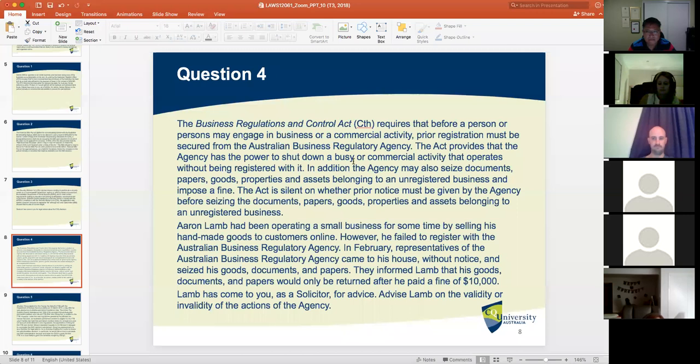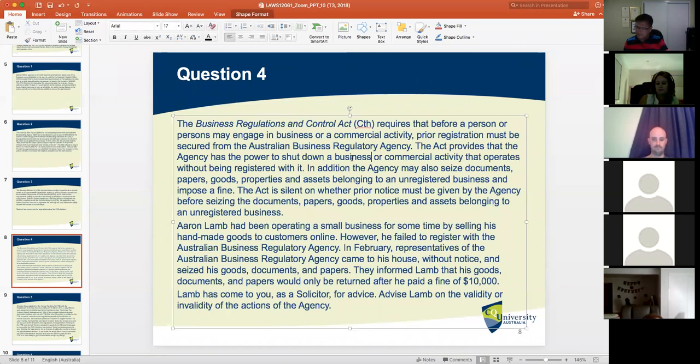In addition, the agency may also seize documents, papers, goods, properties and assets belonging to an unregistered business and impose a fine. The Act is silent on whether prior notice must be given by the agency before seizing the documents, papers, goods, properties and assets belonging to an unregistered business.